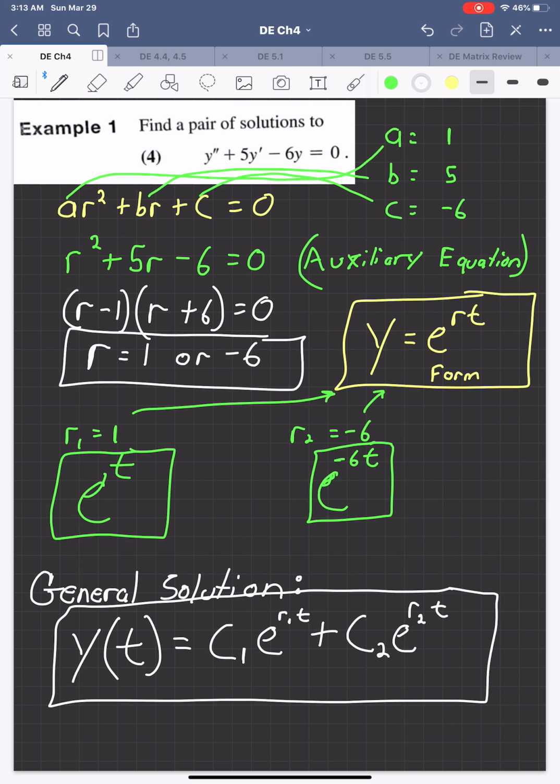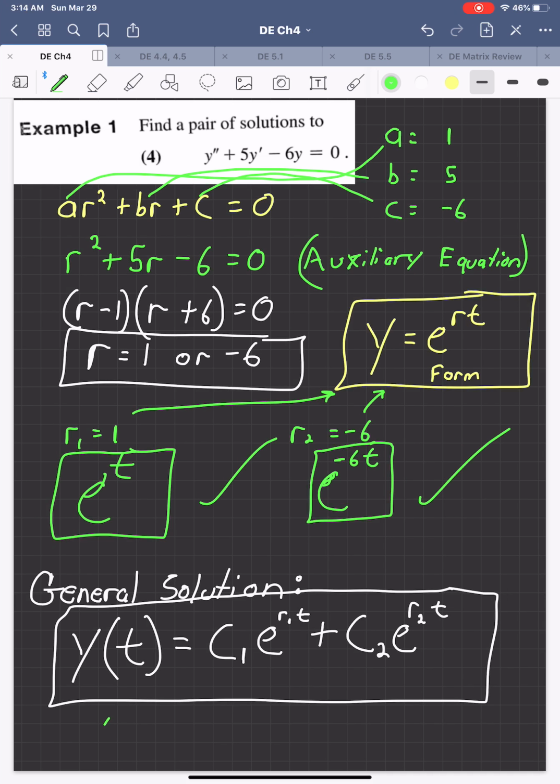Okay, now, we were not asked to do this, but I'm going to go ahead and produce the general solution to example 1. All we were asked to do was find a pair of solutions. Well, we did that. But now I'm going to produce the general solution to example 1.